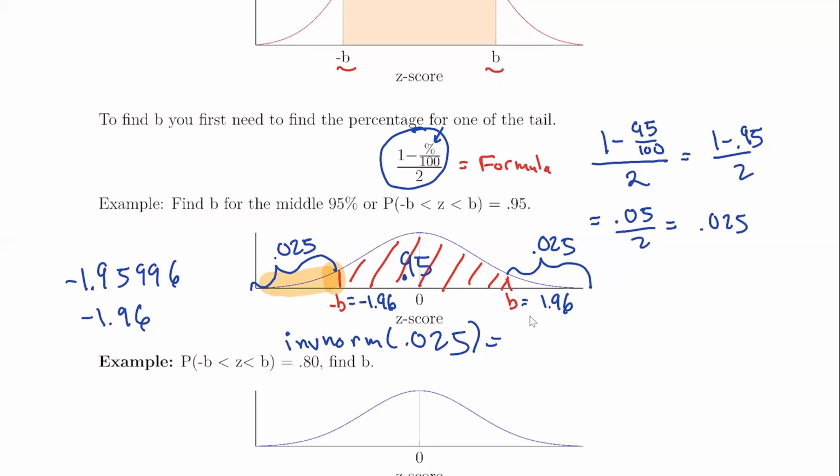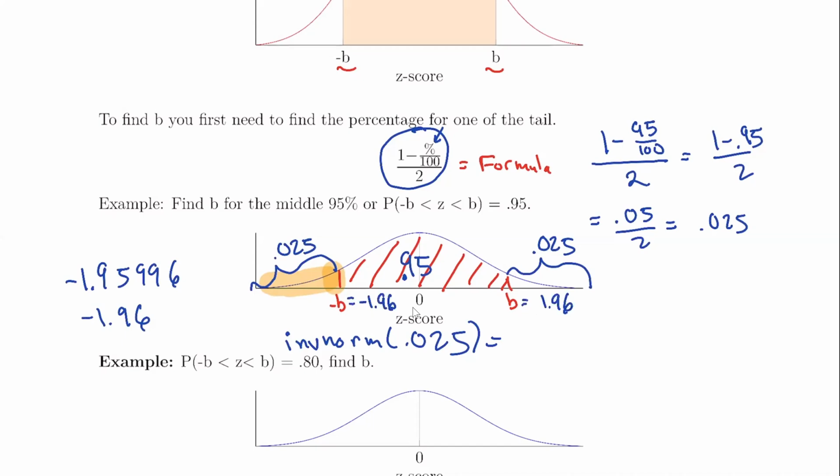I'll tell you how many decimal places to use. If you do normal CDF from negative 1.96 to positive 1.96, you're going to get something very close to 95%. You're getting 2 z values that are identical, the only difference being one negative and one positive. That's capturing that percentage in the middle. Everybody good with that so far?